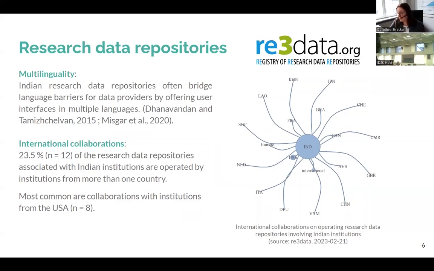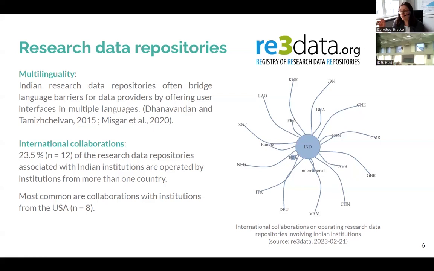And from the graph I plotted here, you can also see that Indian research data repositories are quite well situated in terms of international collaborations. Here I plotted international collaborations on operating research data repositories that involve Indian institutions.